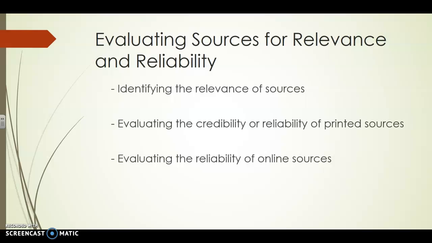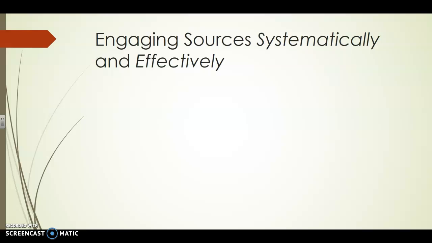Okay, once you find relevant, reliable, or credible sources, you have to figure out how to engage them systematically and effectively. That requires a significant degree of being critical, not just reading sources and registering the content in your brain, but also reacting to it.